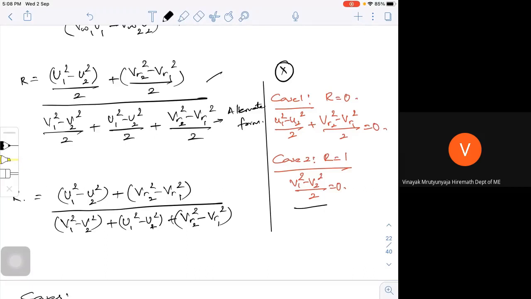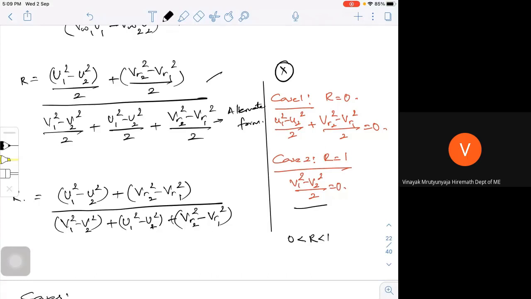And there are machines where you have a complete static energy, which is impossible to build. What we have is actually 50% degree of reaction or 60% degree of reaction, where you have 50 or 60% in the static component and another 40 or 50% in the kinetic energy component. So R is varying from 0 to 1.